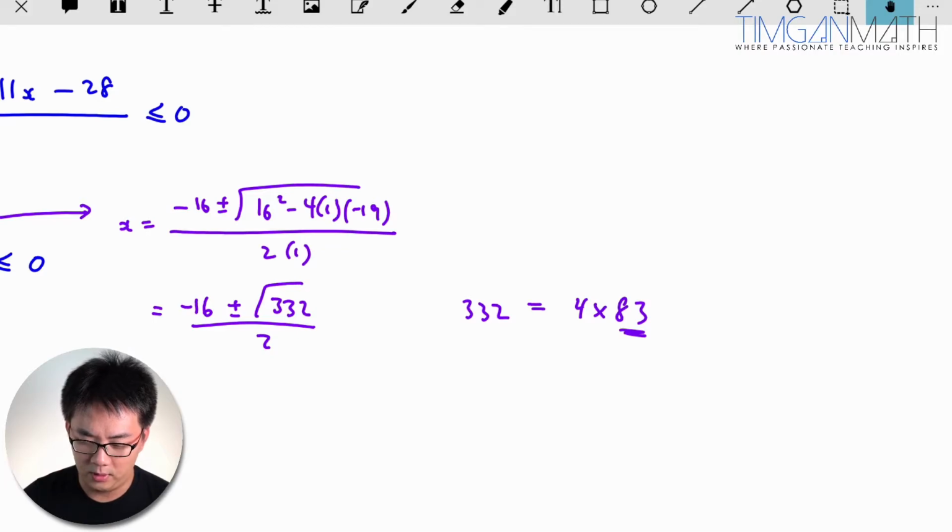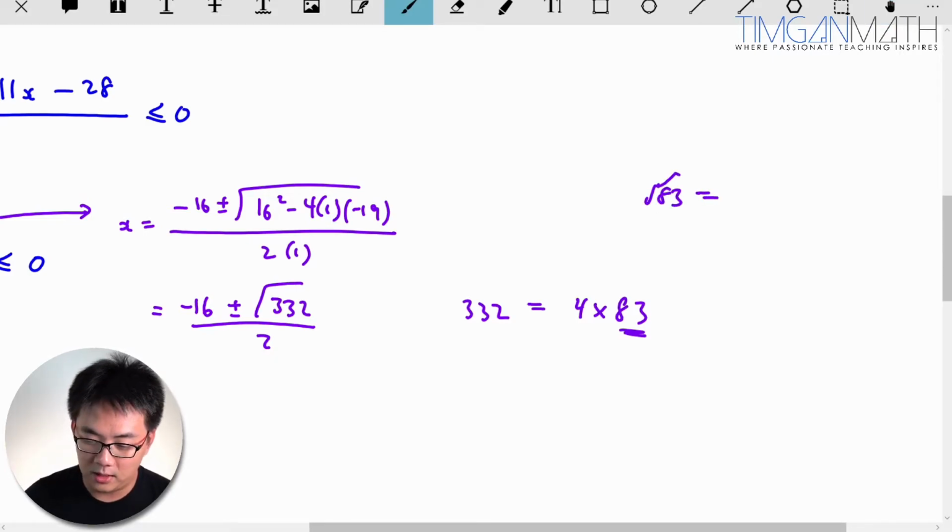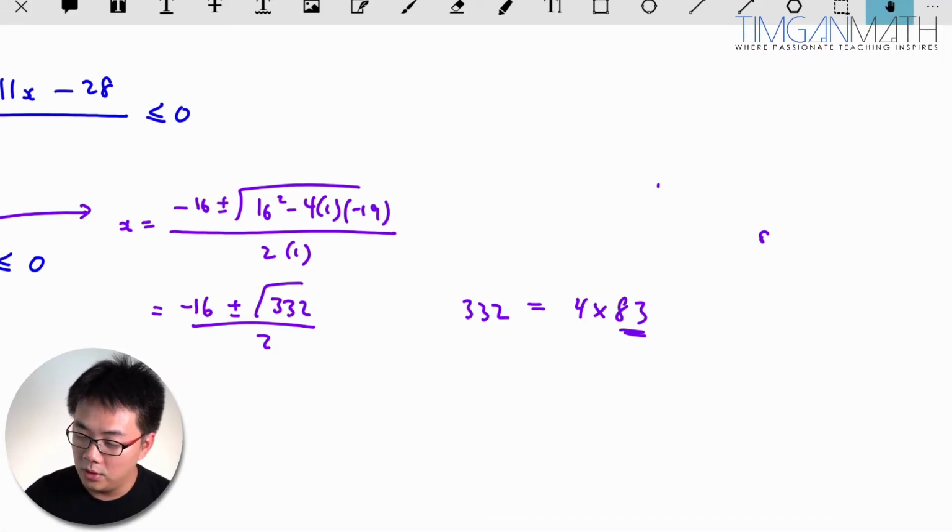You take the square root of 83, which is 9.11, so you keep dividing by all the prime numbers up to 9.11. 83 obviously can't be divided. Just Google how to check for prime numbers. I'm not going to go through it here.